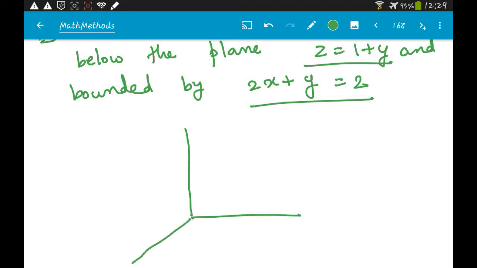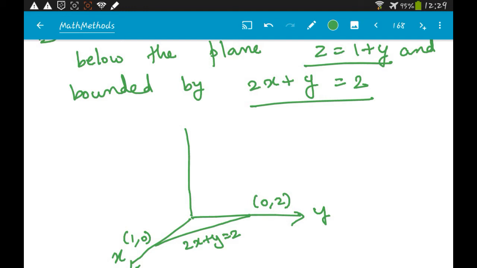Okay, so let's say this is our x and y, and this is our line 2x plus y equals 2. So if this is the line, then when y is 0, x will be 1, right? So you'll get 1, 0 here, and when x is 0, y will be 2, so you'll get 0, 2 here.